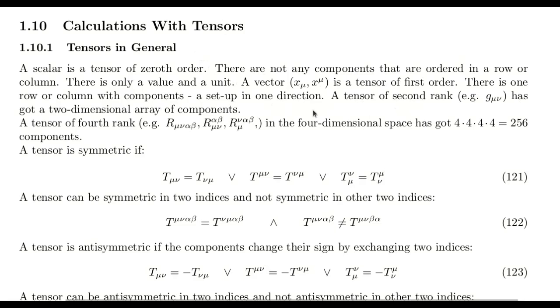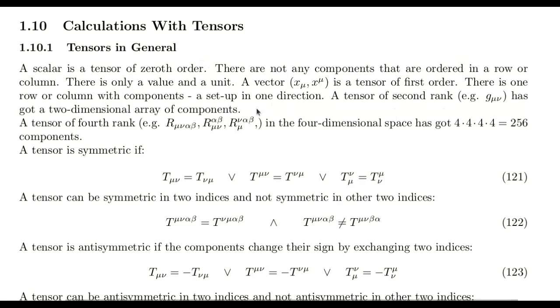Okay. Then if we consider a tensor with two indices, a second rank tensor, like the metric tensor we introduced in the last lecture, then we have a two-dimensional array of components. That means in four-dimensional space we have 4 times 4, 16 components.